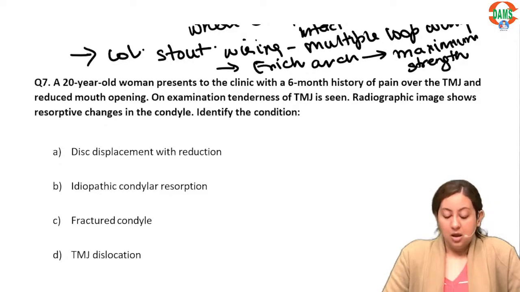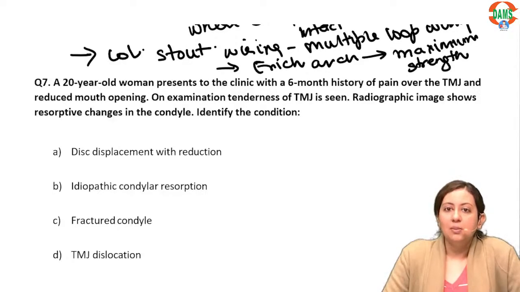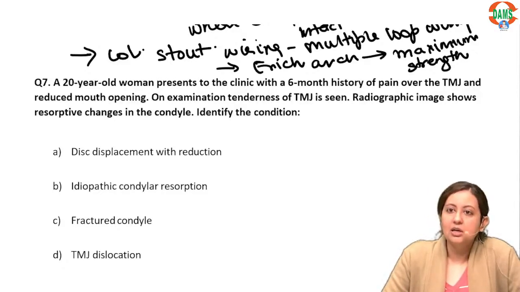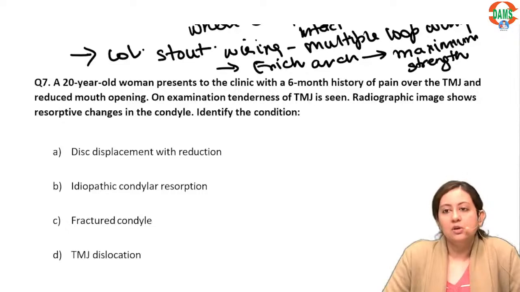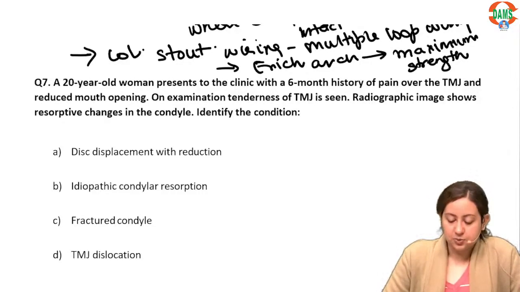Even if it is a fractured condyle, there will be pain and reduced mouth opening, but the chances of it being resorbed are very, very less. The radiograph will not show resorptive changes; it will show a clear cut fracture line. So we rule out option C as well.